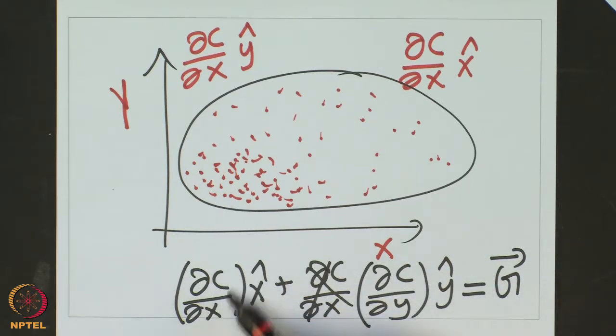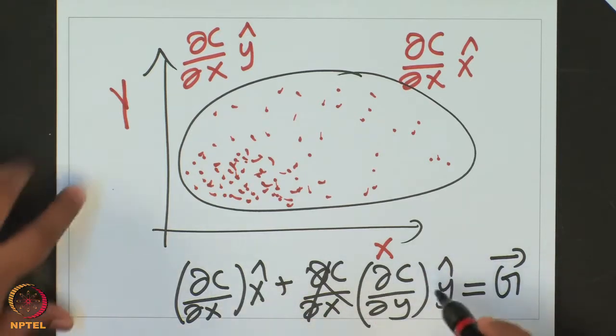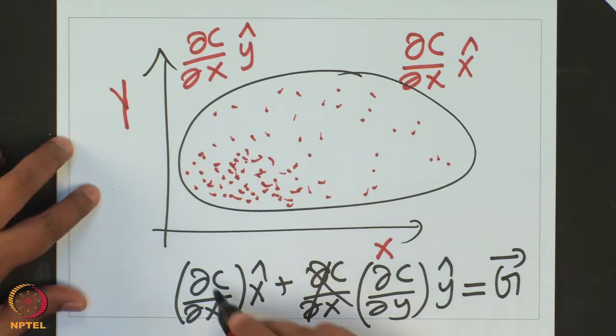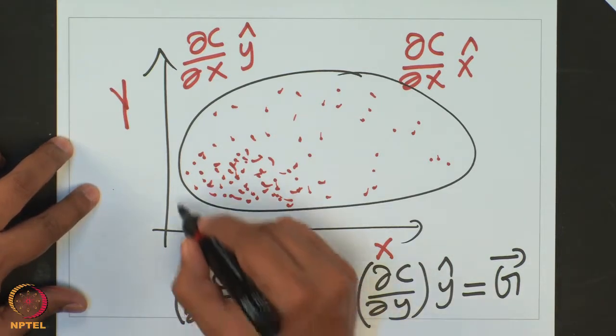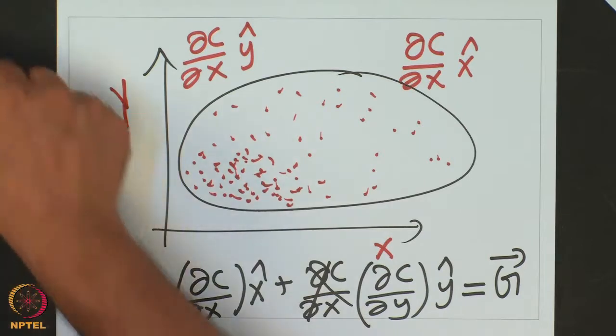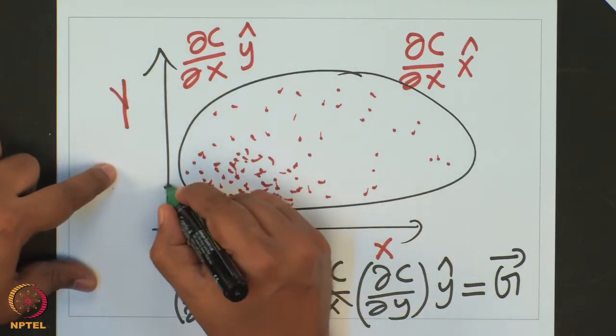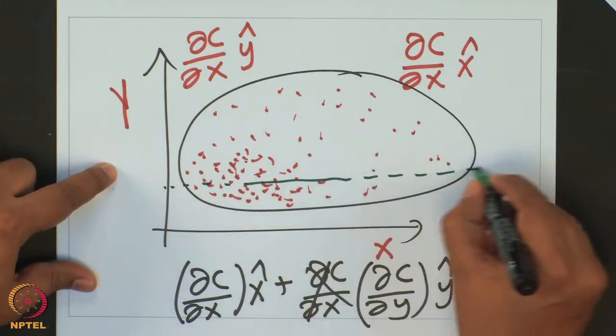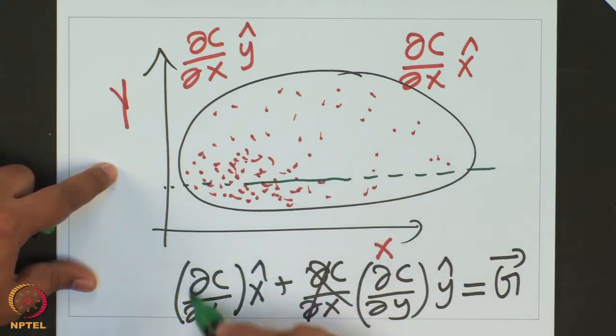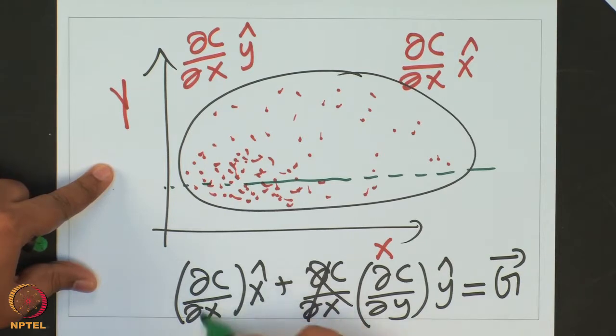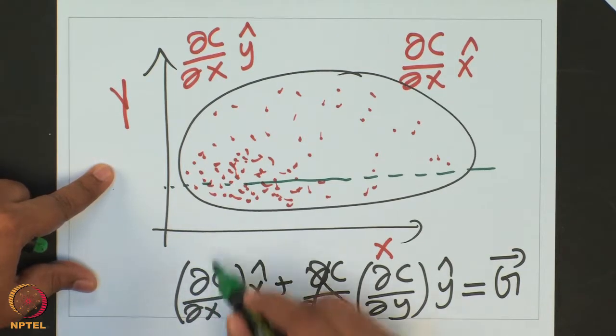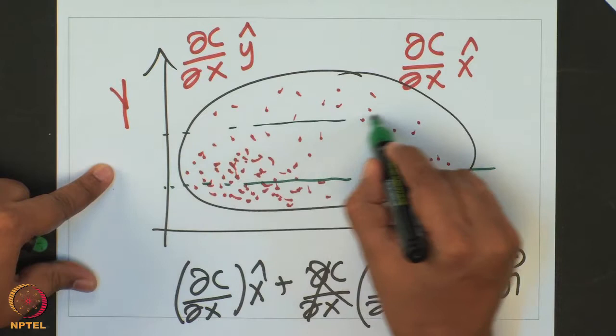This is the change along the x-axis and the change along the y-axis. I take a y value, keep the y constant, and study the change along x. That is what this gives you. Take another y value.